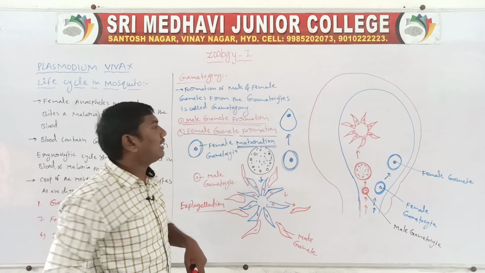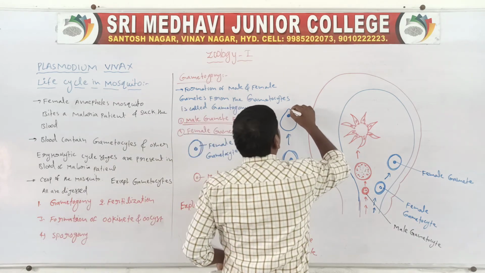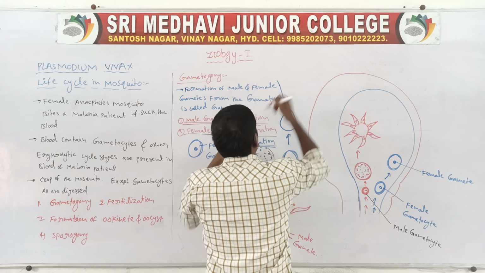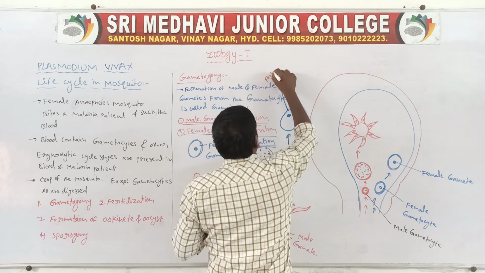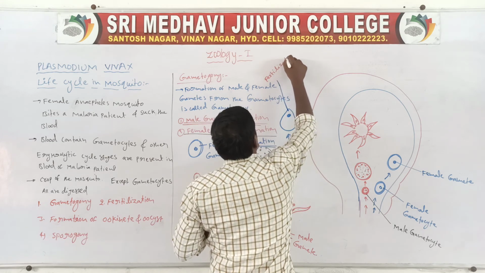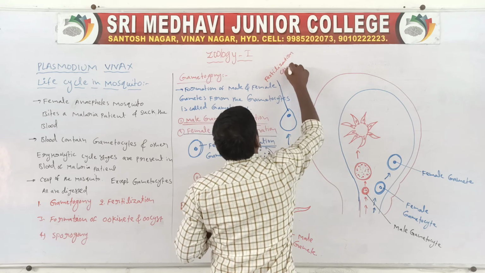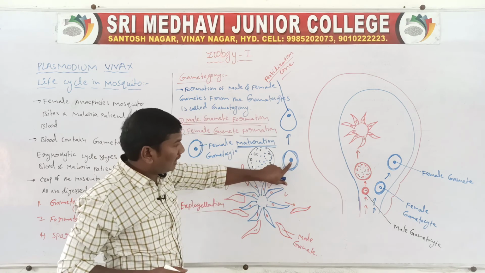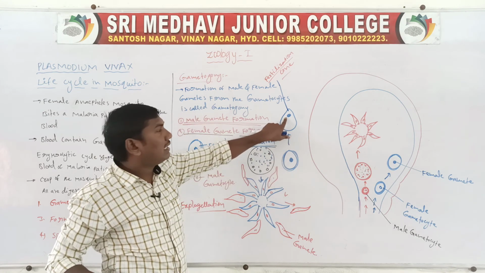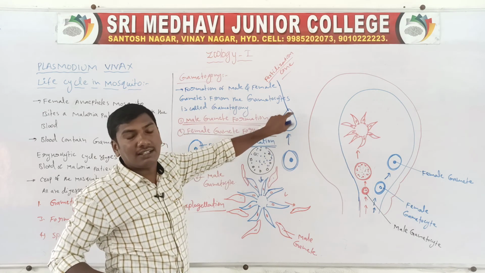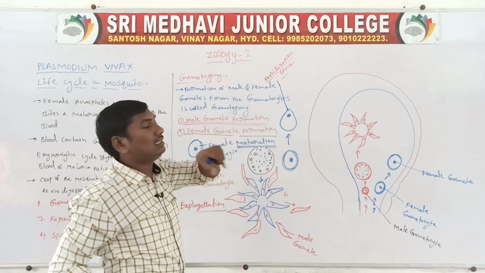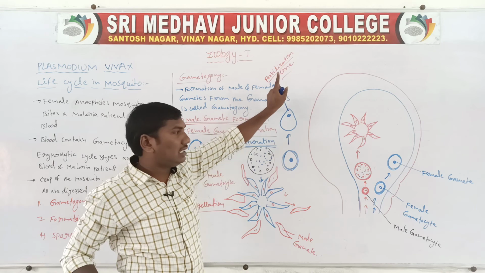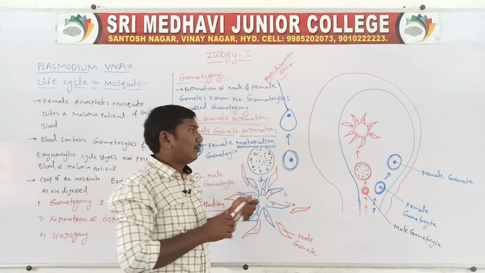This site is called the fertilization cone. So the nucleus moves toward the periphery, forming a flagella-like, pseudopodia-like structure, and this region is called the fertilization cone.